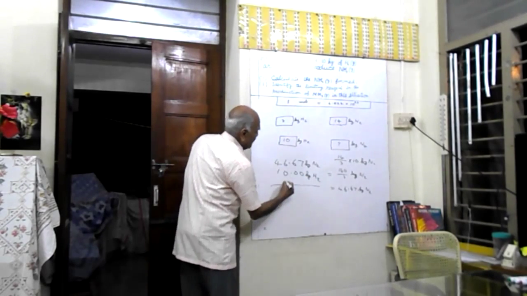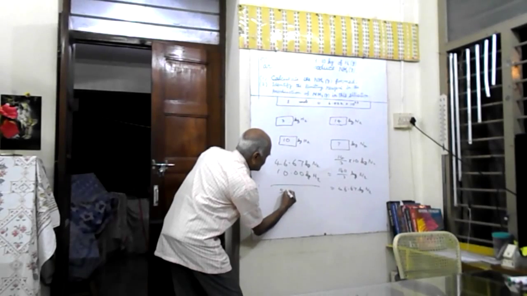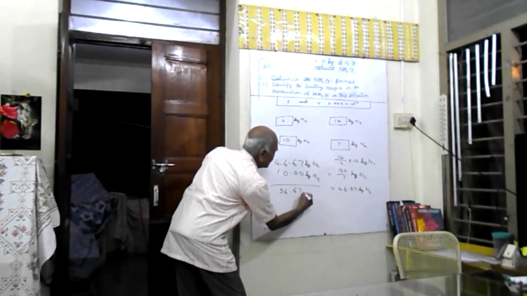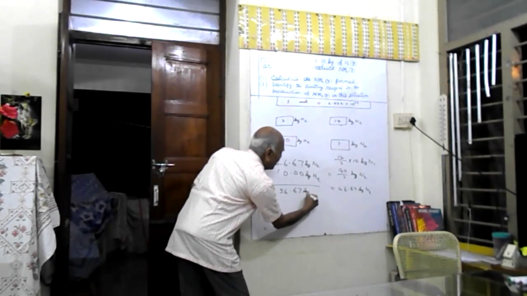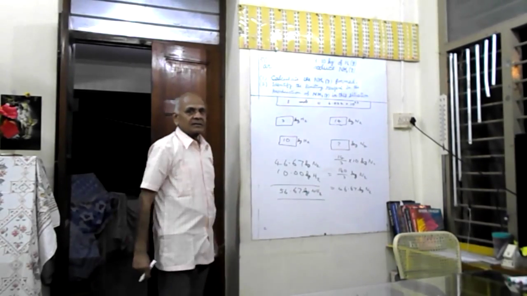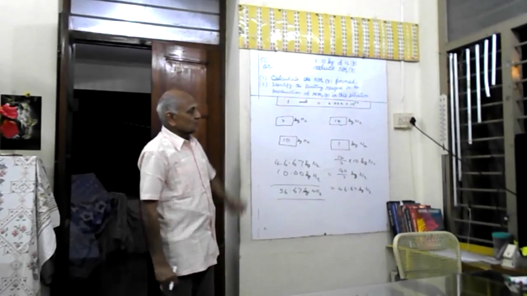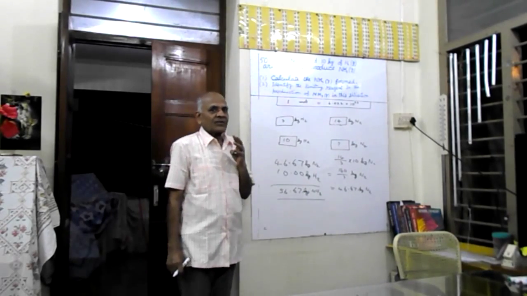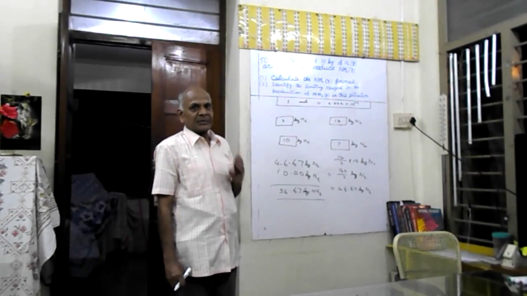So you will get 56.67 kilograms of ammonia. Now we have answered both the questions. The amount of writing or the amount of calculation is much less.